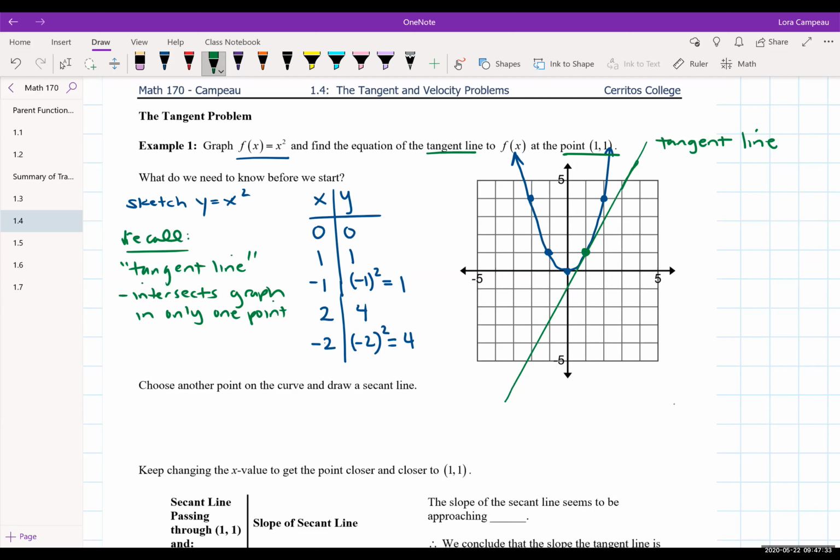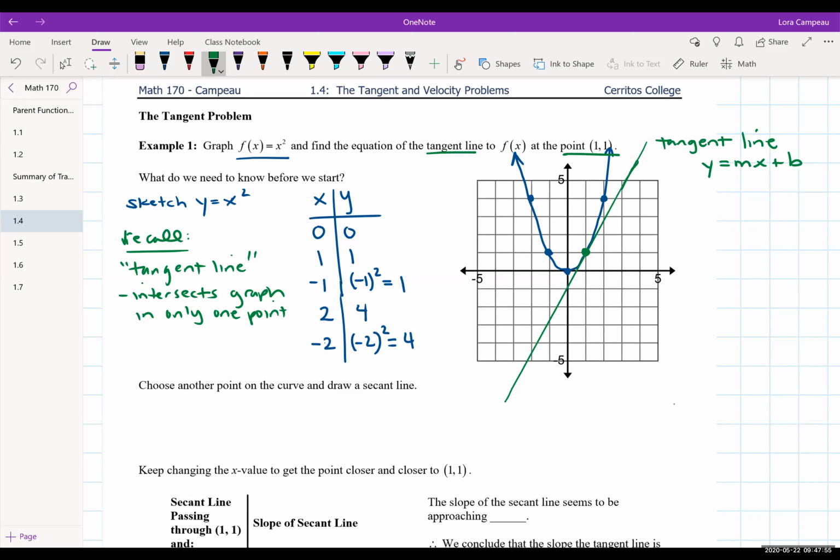Whenever I'm finding a tangent line, I do know that we have the generic slope-intercept form, y equals mx plus b. Looks like I could probably guess what it is by inspection, but I do need a little bit more information to have a clear idea of what the slope would be.